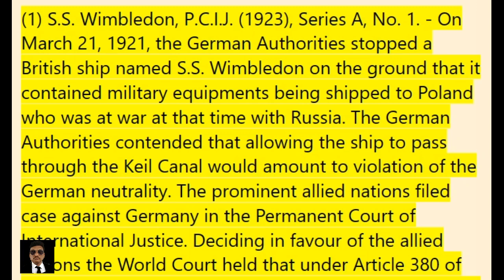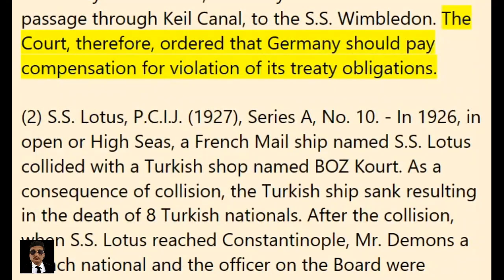Deciding in favor of the Allied nations, the World Court held that under Article 380 of the Treaty of Versailles, Germany was bound to allow the passage through Kiel Canal to the SS Wimbledon. The court, therefore, ordered that Germany should pay compensation for violation of its treaty obligations.